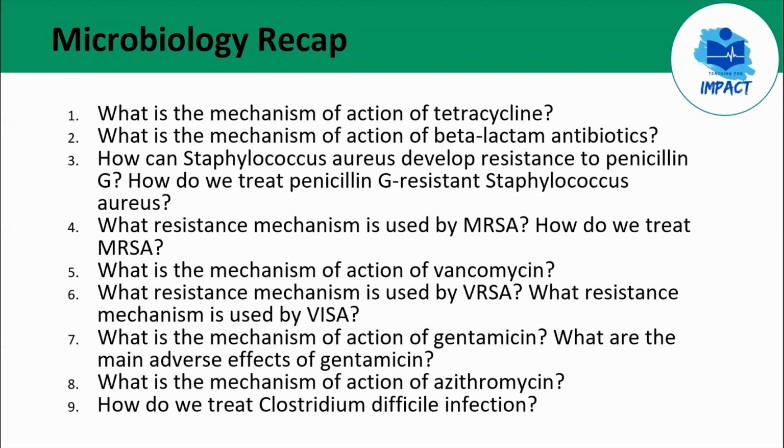So that's what VRSA do. They use terminal D-Ala-D-Lac rather than terminal D-Ala-D-Ala, and VISA just produce lots of peptidoglycan so that they consume all the vancomycin. Question 7, gentamicin, which is an aminoglycoside, acts in 2 stages.